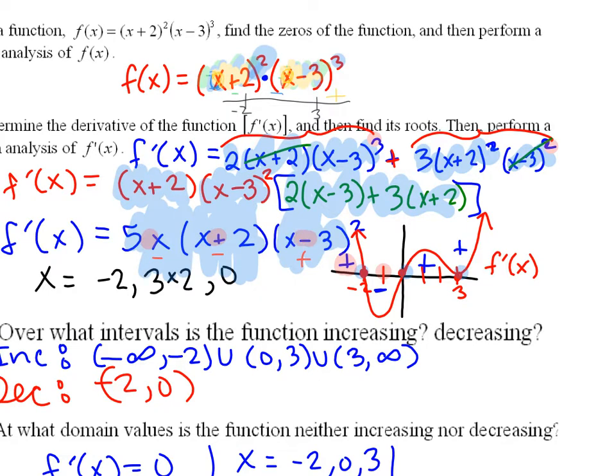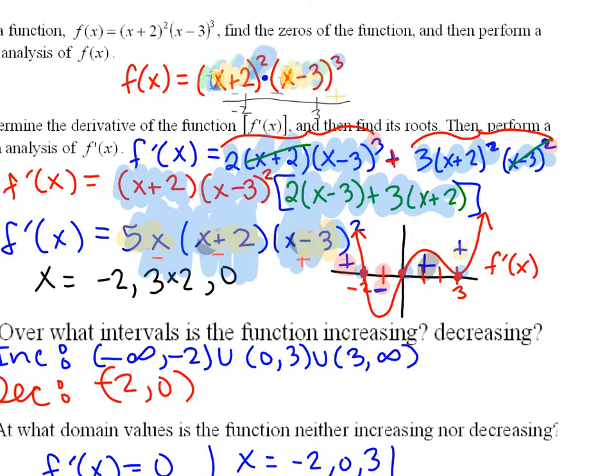So negative times positive is negative, hence the negative. And then let's plug in a 1, so that would be positive. Plugging in 1 here will give you positive, and then a positive, so that's why we have a positive. And lastly, let's plug in infinity. So that would be positive here, positive here, and positive here. Also, a positive. So we have a sign analysis.